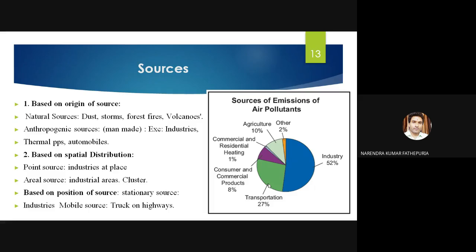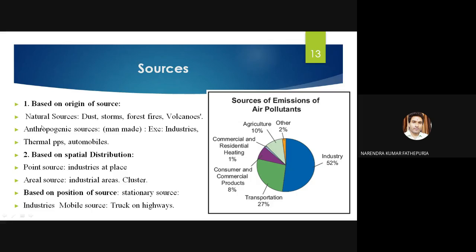All the aircraft carriers and satellite carriers also cause air pollution. So altogether, it's 27% coming from the transport sector. Then consumer and commercial products 8%, commercial and residential heating 1%. The agriculture sector is also causing air pollution. They go for open burning, burning their residues at the farm, again creating air pollution. Altogether 10%, and the remaining is 2%.